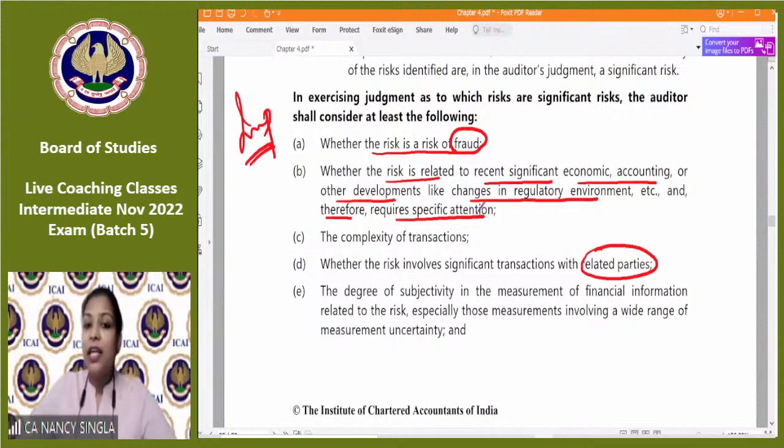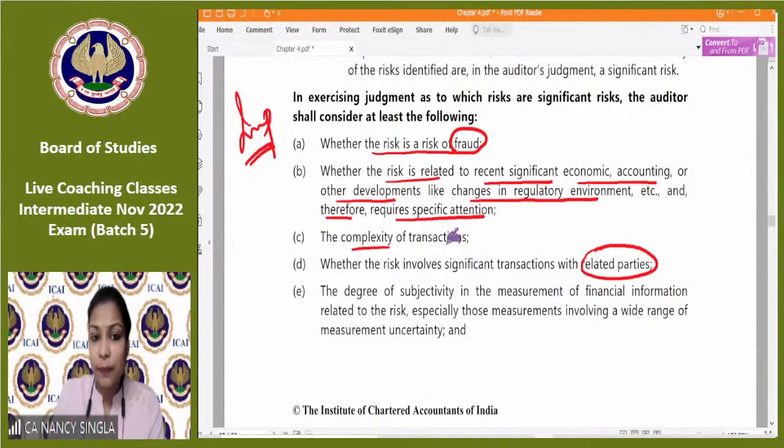From VAT, there was a transition to GST, so there were significant changes. Ind AS were introduced, so the accounting change. So significant economic, accounting and other developments. So these become significant risk. Complexity of transaction.